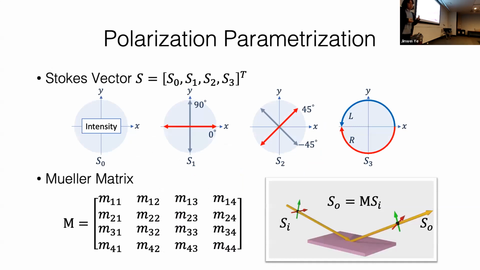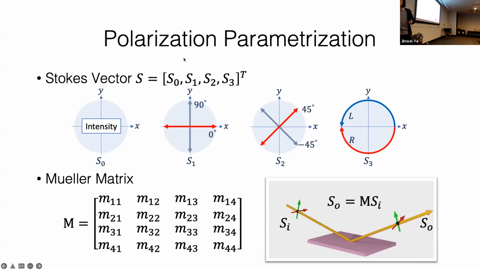Before seeing our conclusion or the derivation, I would like to first introduce the polarization parameterization, which is how we represent the polarized light. To parameterize the polarized light, we use the Stokes vector, which is a 4-component vector. The first component, S0, is essentially the intensity, which is pretty much the same as the regular intensity image. Then we have S1, S2, S3. These 3 remaining components refer to the polarization state.